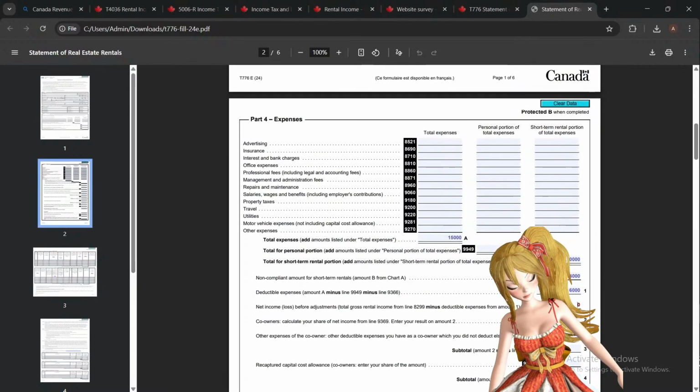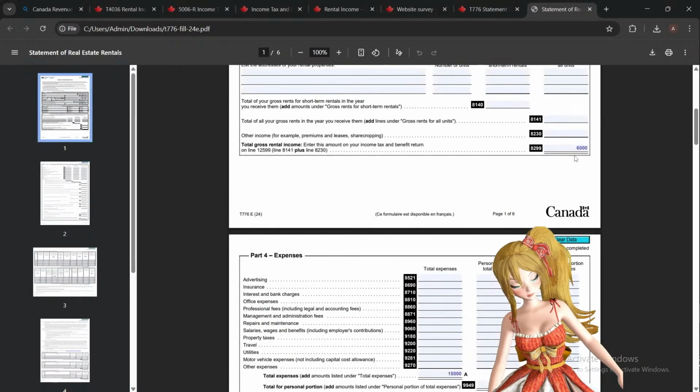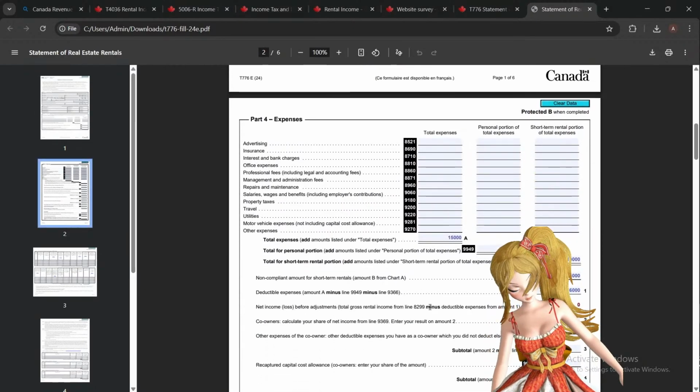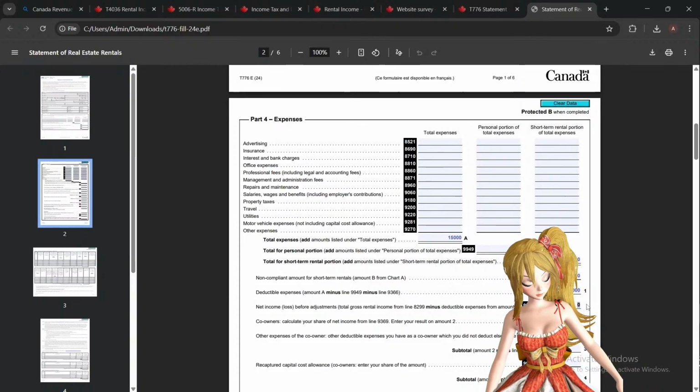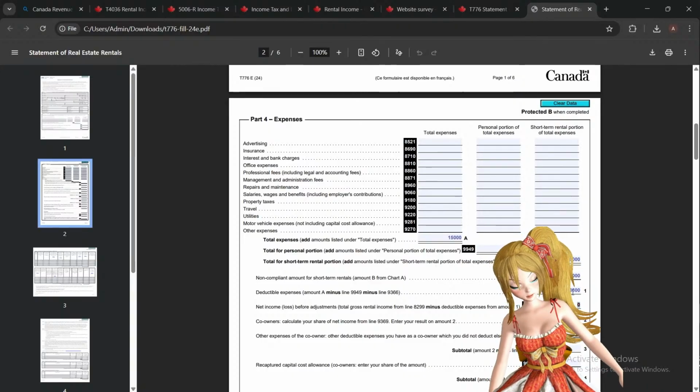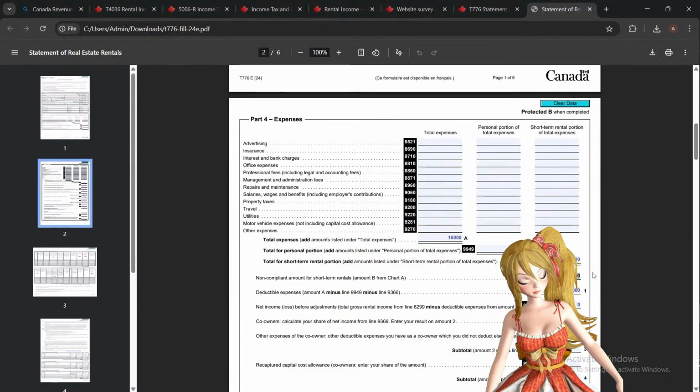And then the net income would be, let's see, total rental income, so 6,000 minus 6,000, it's zero. My net income after taking the 4,000 loss is zero.